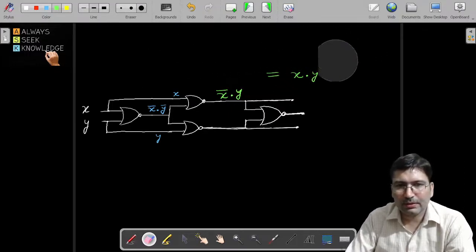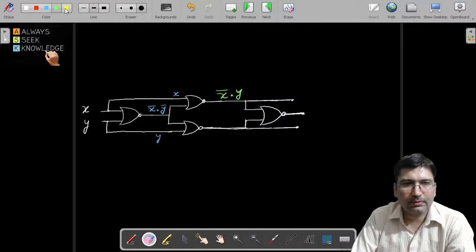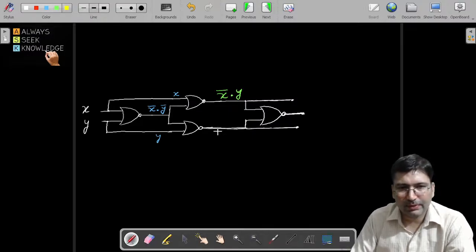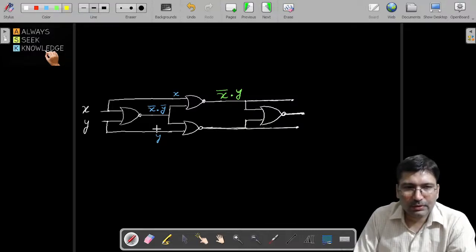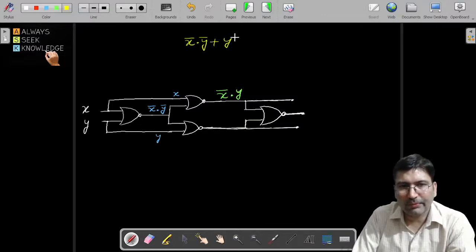Now let's look at the another line which we are having here. So this line is coming as (X bar dot Y bar plus Y) and the whole complement of it.